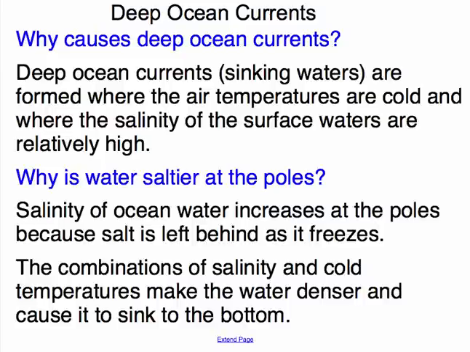So the salinity of the ocean water increases at the poles because salt is left behind. And at the poles, what is water doing? It's freezing. So the combination of salinity and cold temperatures makes the water more dense, and it causes it to sink to the bottom. And now you have a deep ocean current.